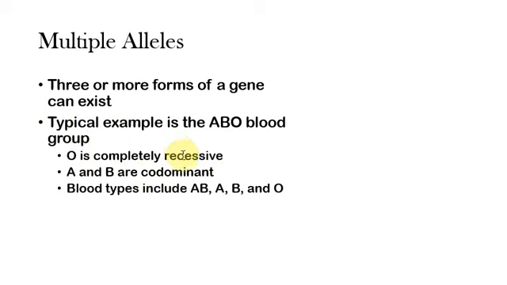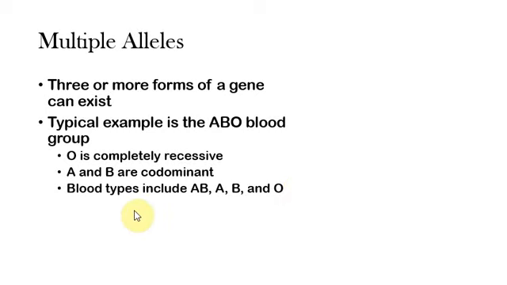This is where it gets a little bit messy, but as a result, you can have the blood type AB if you have both A and B. You can have the blood type A if you have either AA or AO. You can have the blood type B if you have BB or BO, and you can have the blood type O if you have double O. Because there are multiple alleles, we have to take these special circumstances into account.